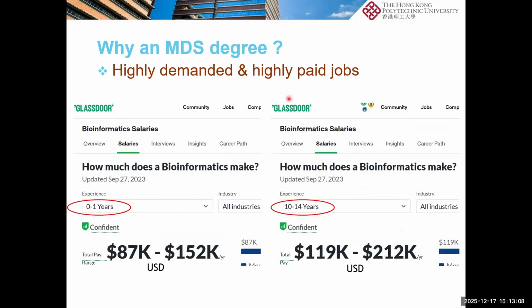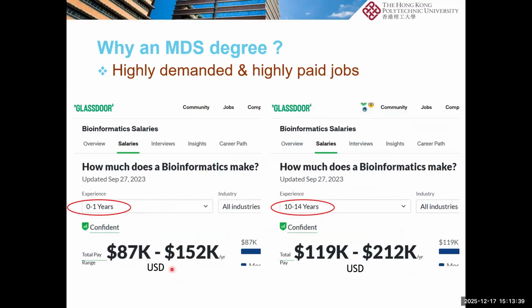So how about the salary? Actually, this was done by Professor Zhang a few years ago about bioinformatics jobs using the Glassdoor search engine. For those who have only 0 to 1 year of working experience, the annual salary ranges from $87,000 to $152,000 per year.